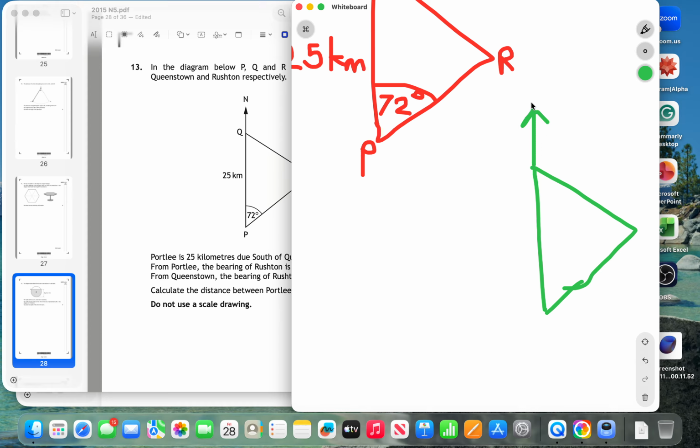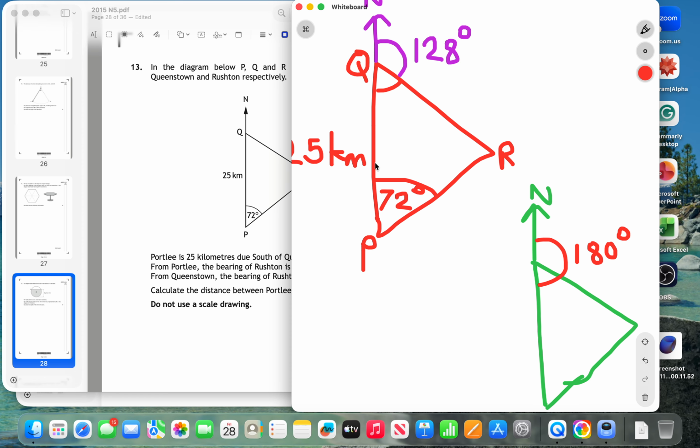So that goes up north. So this angle is 180, because it's going in a straight line. It's a vertical line. So this angle in here must be 180 take away 128, and that gives us 52.